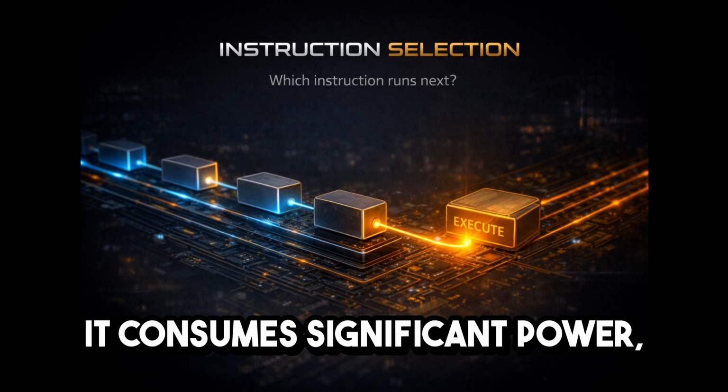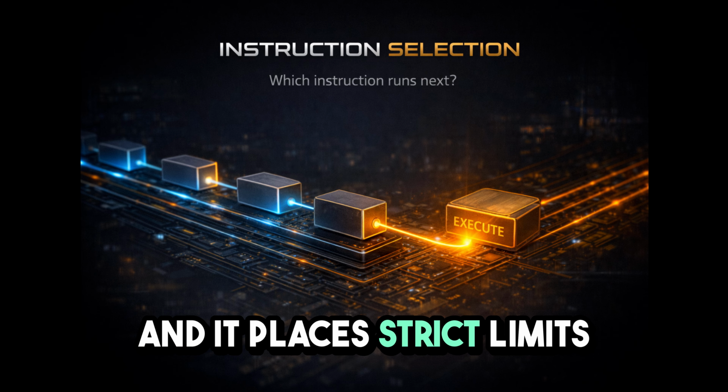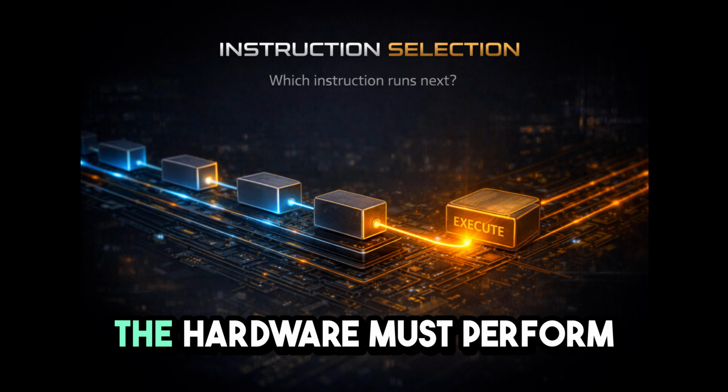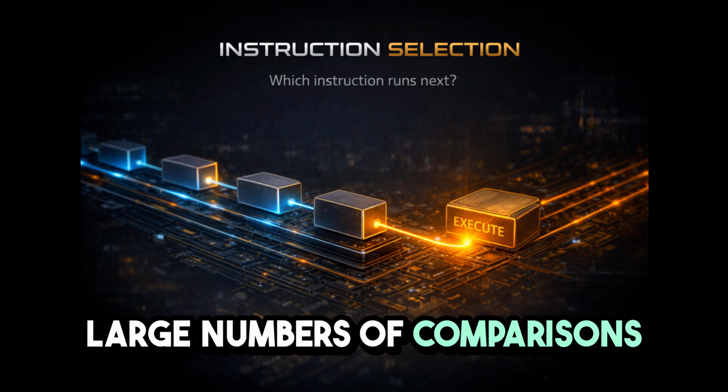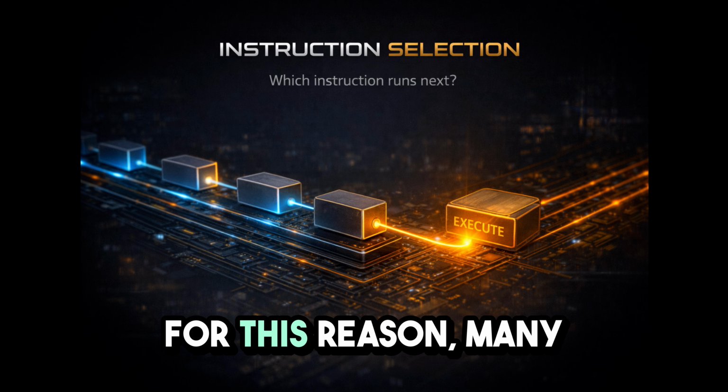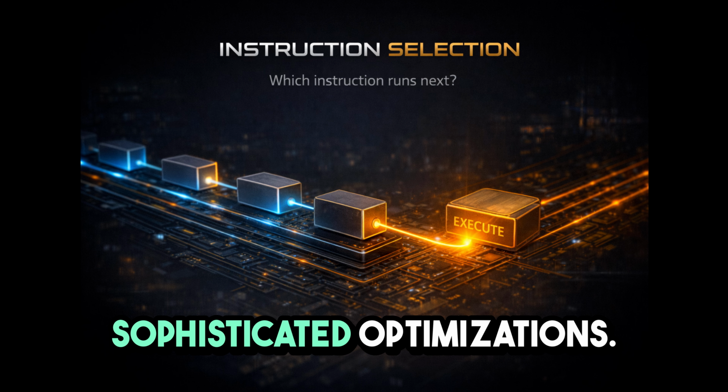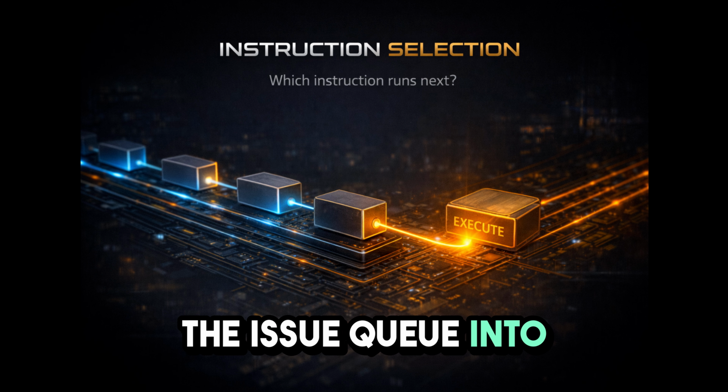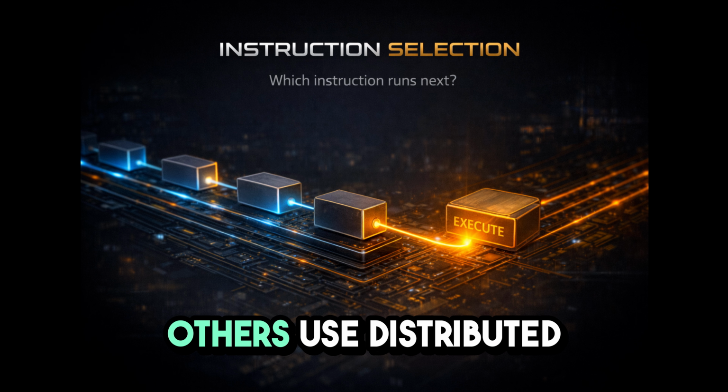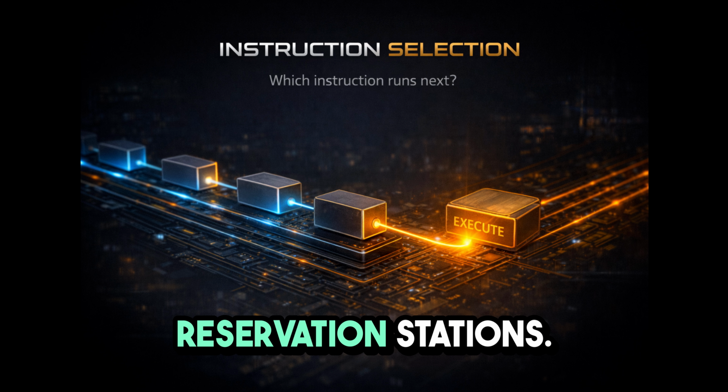It consumes significant power, and it places strict limits on clock frequency because the hardware must perform large numbers of comparisons extremely quickly. For this reason, many modern CPUs use sophisticated optimizations. Some processors partition the issue queue into multiple smaller queues, or others use distributed reservation stations.